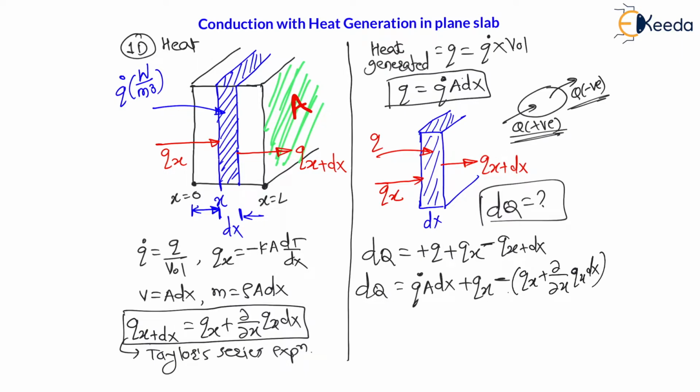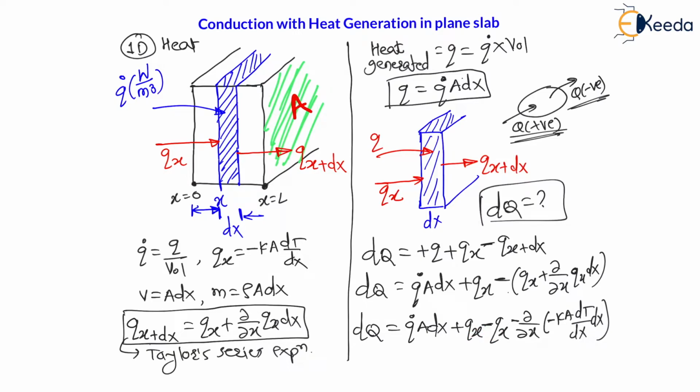So my dear students, this heat interaction dQ will be equal to q dot A dx plus Qx minus Qx minus dou x of, and here Qx is nothing but minus kA dT by dx. So let us put minus kA dT by dx, and again dx. Therefore, this Qx will get cancelled.